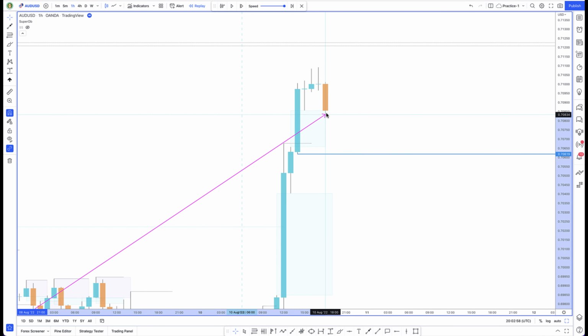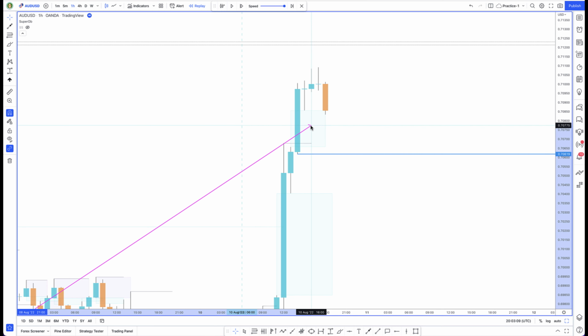All right, something interesting. Now a 2 candle fair value gap has started forming in the opposite direction, but look at what it is interacting with now. It is interacting with this bullish 3 candle fair value gap.